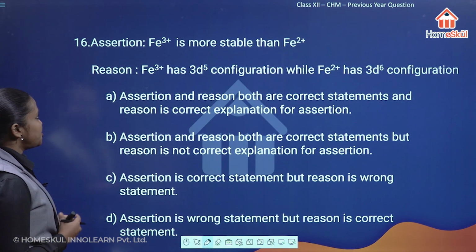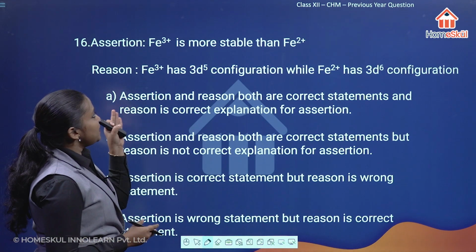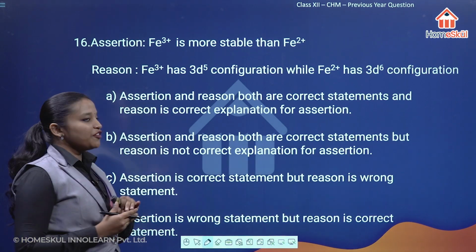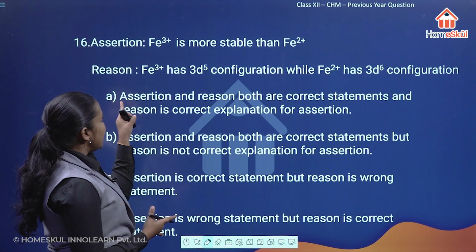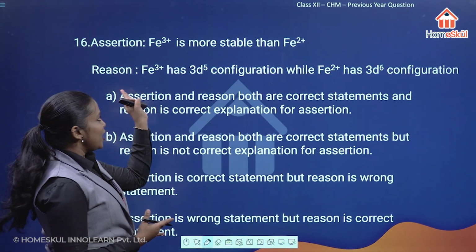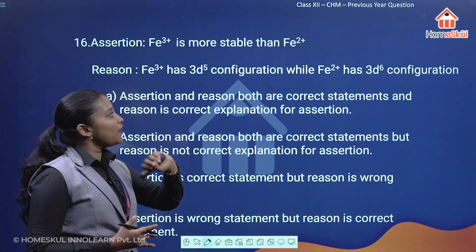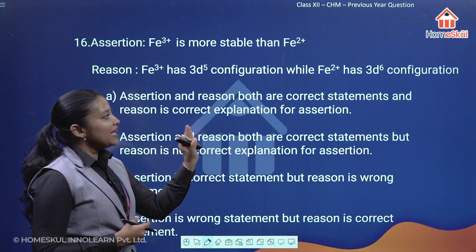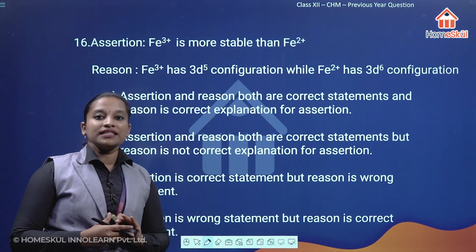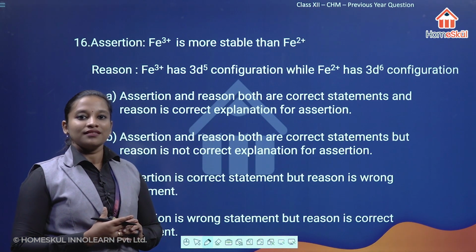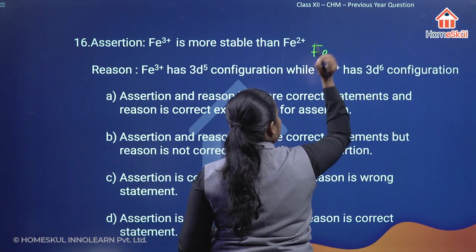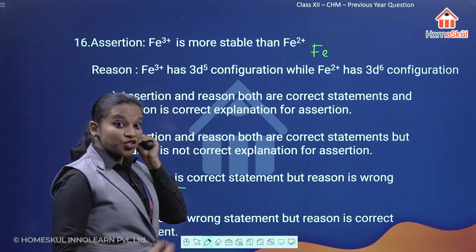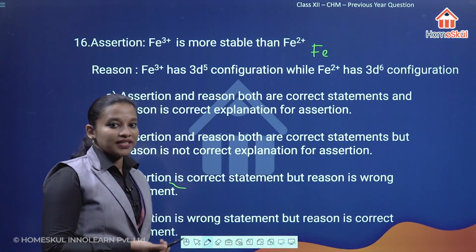Assertion: Fe3+ is more stable than Fe2+. And the reason: Fe3+ has 3d5 configuration while Fe2+ has 3d6 configuration. Let's see. We know the atomic number of Fe is 26.